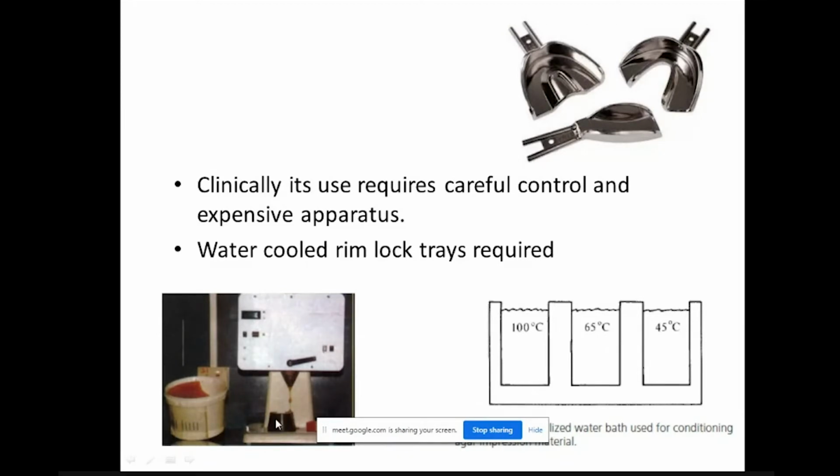This is the tray, or sometimes you can use it for duplication. And by the way, it needs high electrical voltage, equipment, instruments and time, and the taste of the material is not good. That's why it is not used nowadays.